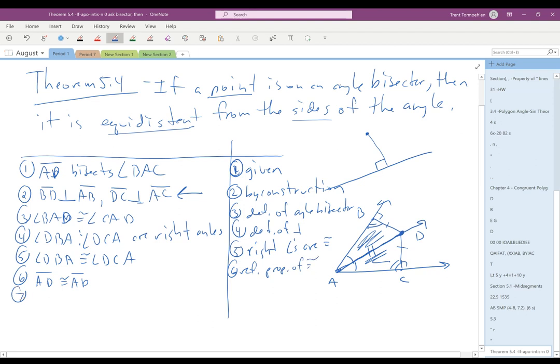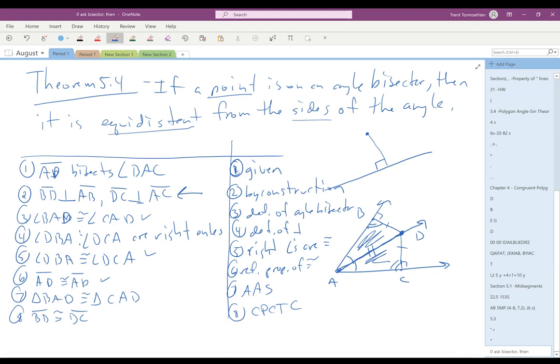That's enough by angle angle side to prove that triangle BAD is congruent to triangle CAD. And then that is enough to prove our theorem, which is BD is congruent to DC, by CPCTC. So that's our proof for the angle bisector theorem. It does have the name of angle bisector theorem that you can put up here as well when we use it.